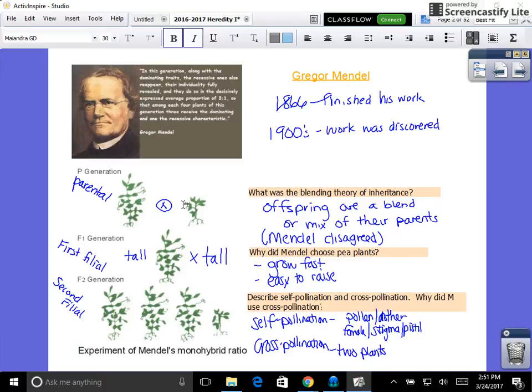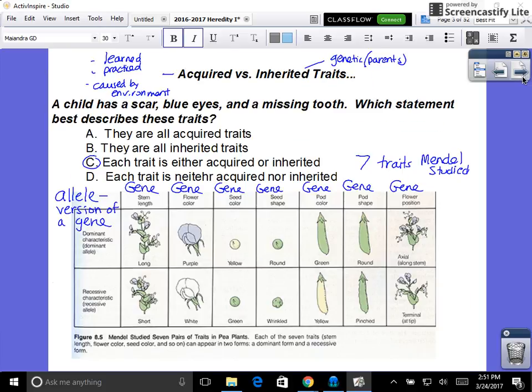He no longer saw the short pea plants. But when he took two plants from the F1 generation and crossed them, he got a ratio of 3 tall plants for every 1 short plant. So that kind of reappeared.